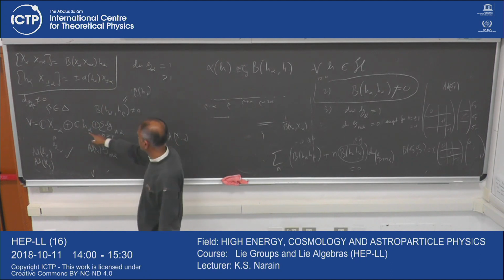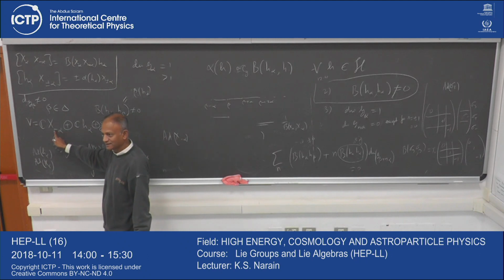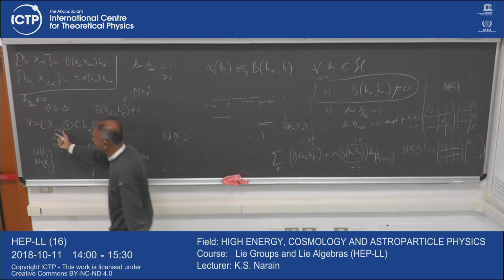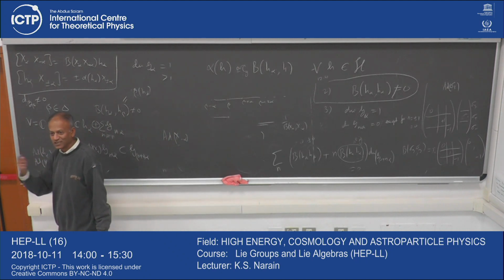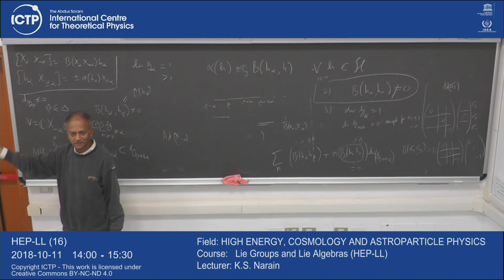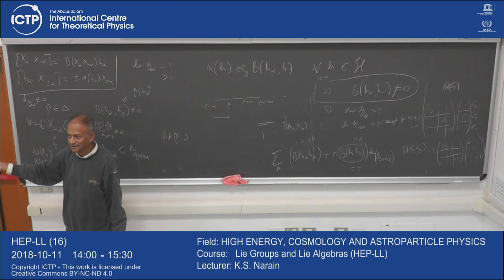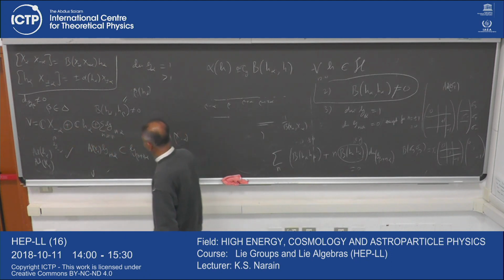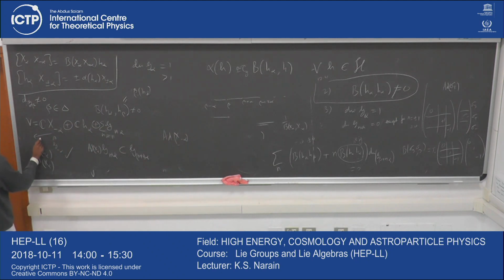But if you apply this guy here, you get 0, because the commutator of x minus alpha with x minus alpha is 0.